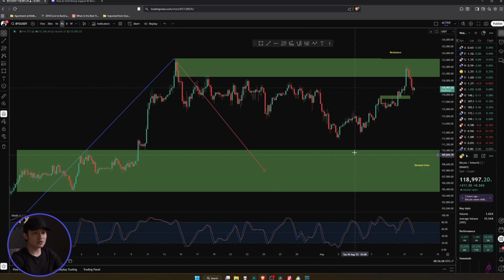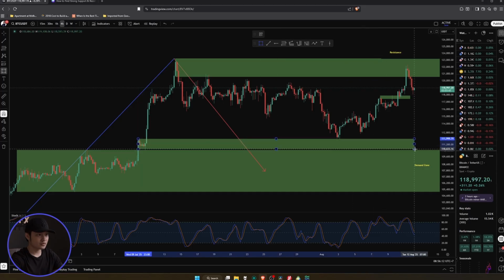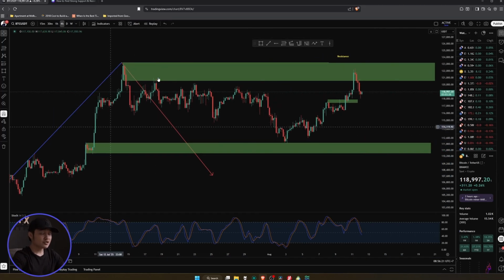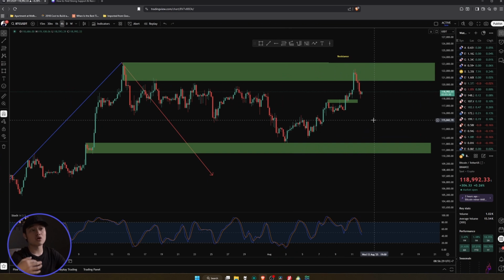And then if you are looking closely here, okay, this is quite messy. I'm going to delete this first. Okay, done. After the price makes a pullback to this zone, the price starts climbing and climbing and climbing, almost touching or almost making another all-time high.